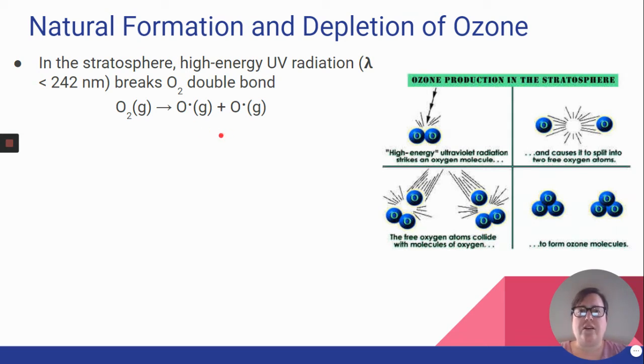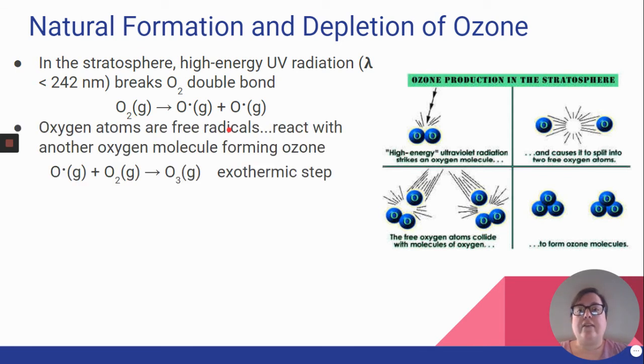Radicals are very reactive. Radicals are not something stable that we typically find. So the oxygen breaks and forms these 2 radicals. Then the radical reacts with another molecule of oxygen, and that's how we form ozone, O3. Now that is an exothermic step. So here we absorbed energy, now we're releasing that energy.